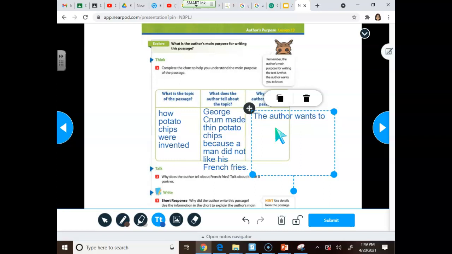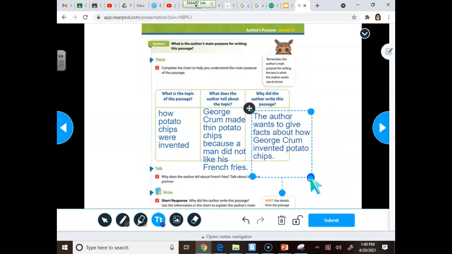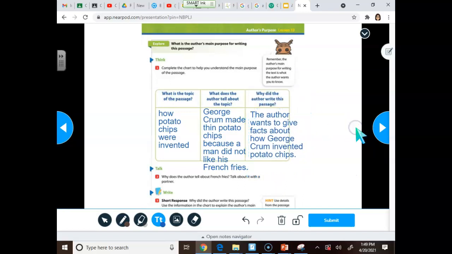The author wants to give facts about how George Crumb invented what, guys? Potato chips. All right, the author wanted us to learn about George Crumb and how he invented potato chips.